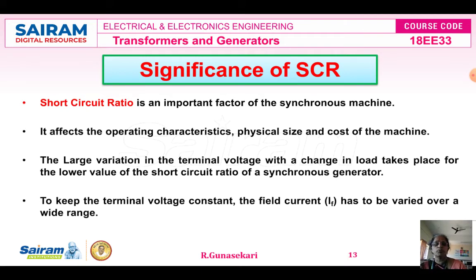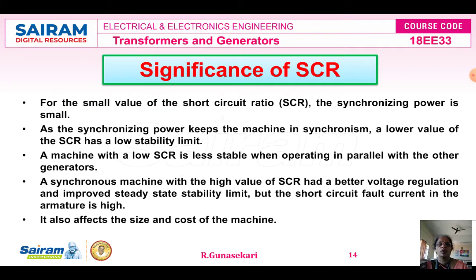Suppose we have to keep the terminal voltage V constant, then the field current IF has to be varied over a wide range. Then if the SCR value is small, the synchronizing power PSY is also small. If you want to keep the synchronism, the lower value of the short circuit ratio SCR has a low stability limit.